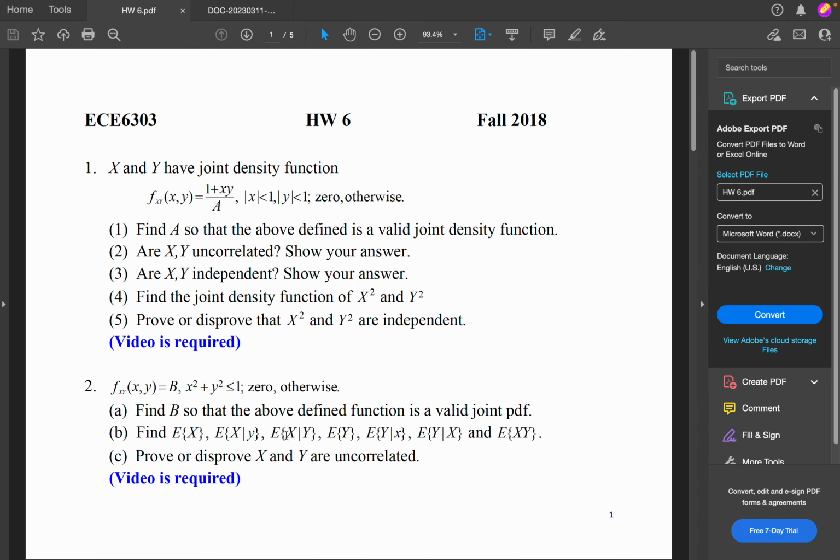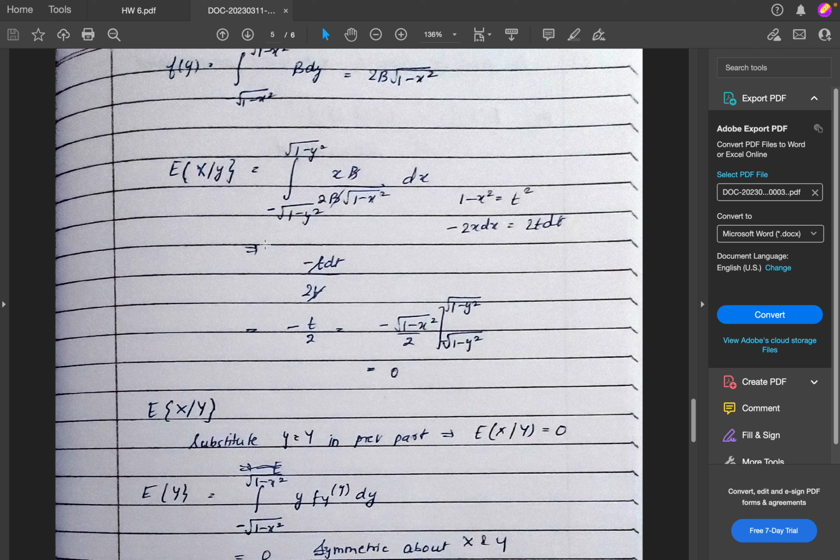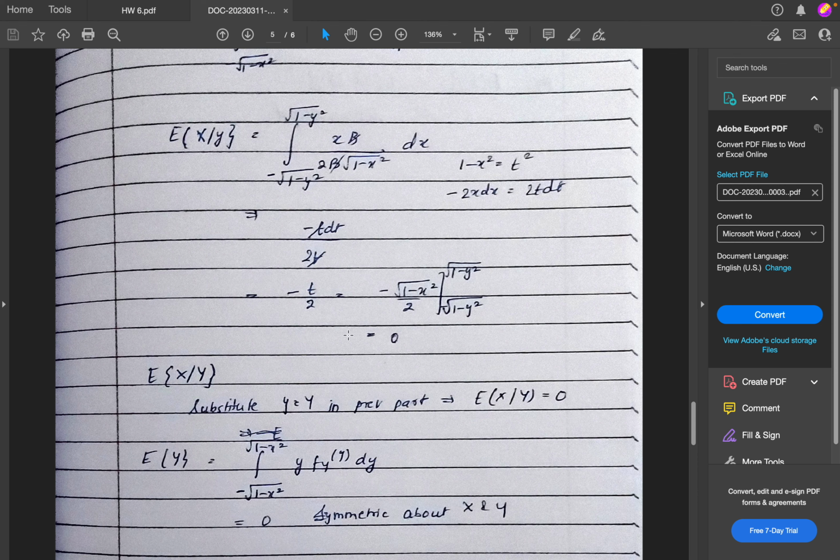Now we need to find the expected value of x given capital Y. We can just use the previous part to find this. We can just substitute small y equal to capital Y, and the rest will follow in a similar manner. So this will also be equal to 0.